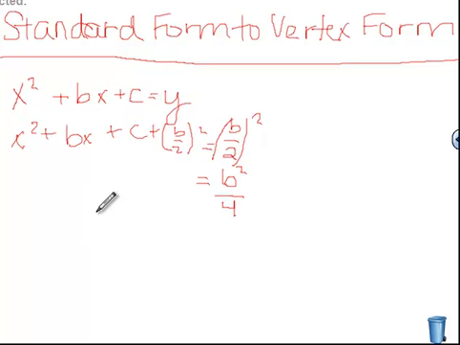Then on the left side the bx would cancel out, because you'd use that b to get the (b over 2) squared. So your equation would just be x squared plus (b over 2) squared plus c equals b squared over 4.